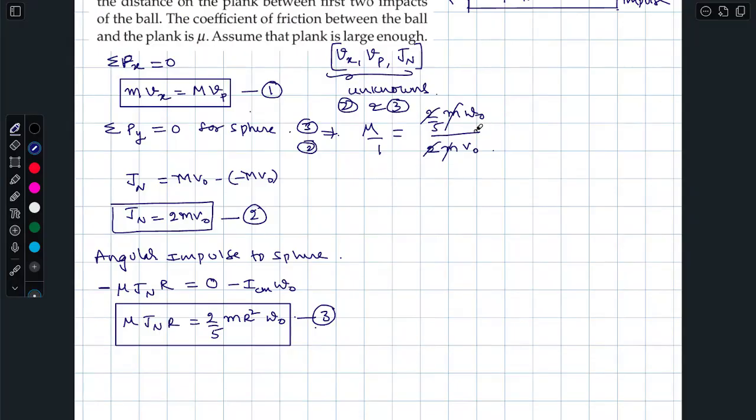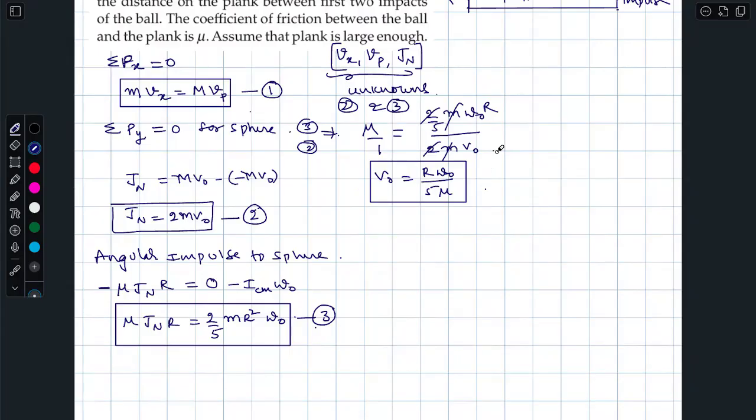There is one more r. So v naught is r omega naught by 5 mu. Omega naught you have given as data. The relation between V naught and omega naught has come. Right.